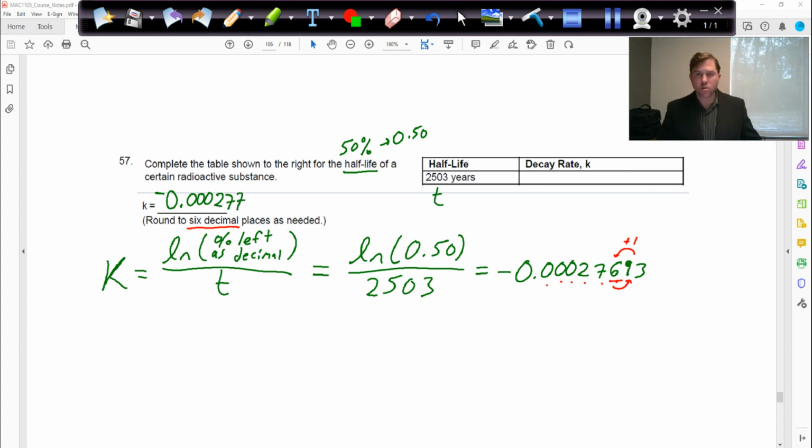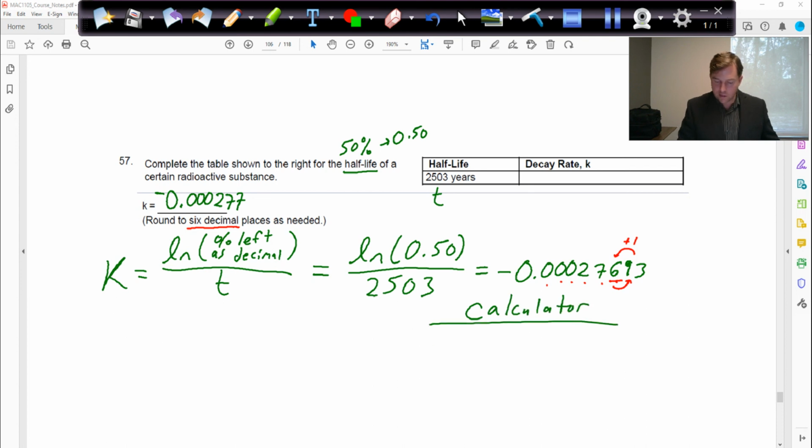Okay, now, because we're working with such small numbers, your calculator is likely to write this as negative 2.7693, and then it's going to write e to the negative 4, or it might show it like this, negative 2.7693 times 10 to the minus 4.